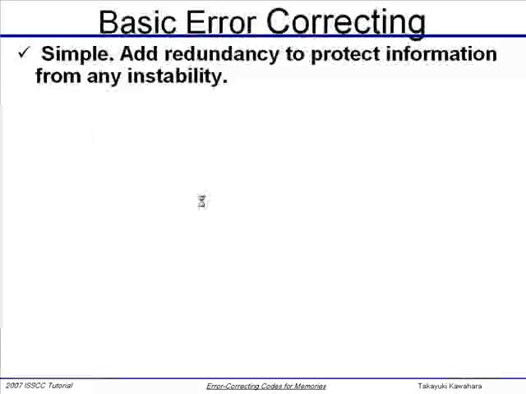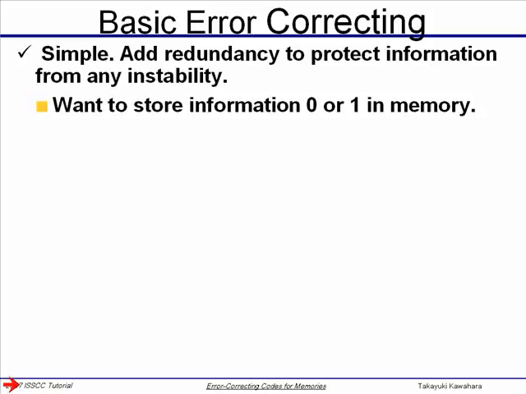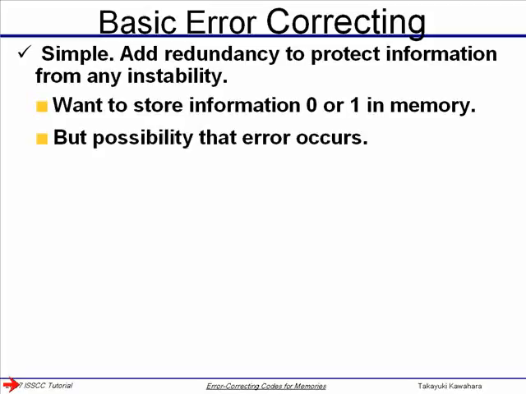Okay, let's go back to error correction. The basic error correcting is very, very simple. Of course, the introductory level is very simple. If you want to store information 0 or 1 in memory, there is a possibility that an error occurs. Then add redundancy bits.